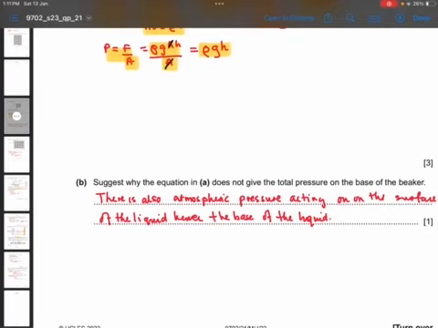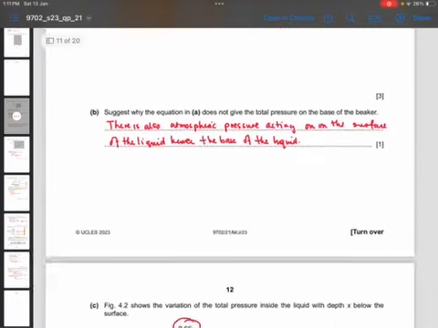The atmosphere pushes down onto the surface of the liquid. Therefore, at the base of the liquid, we have pressure due to the atmosphere and pressure due to the liquid. That's why the total pressure is not just due to the liquid. The equation in A only gives us the pressure due to the liquid.